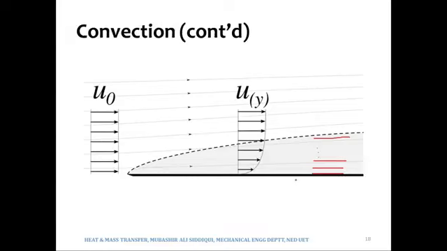Now suppose that the plate is at rest. The very first layer of the fluid which is in direct contact with the surface would have the same velocity as that of the surface. So if the surface is at rest, this very first layer of the fluid in direct contact with the surface would also be at rest. This is what we call the no slip condition.